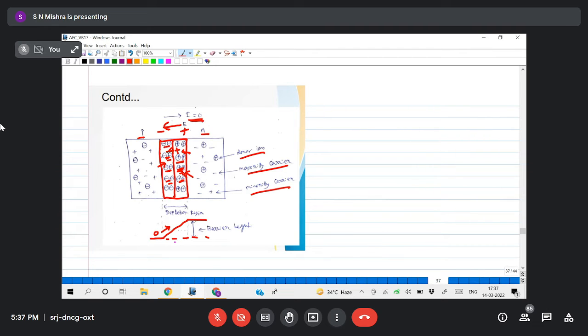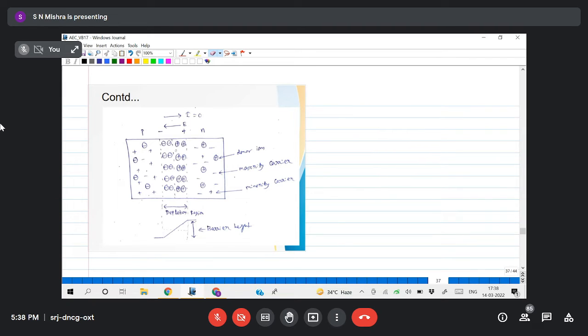So movement of these minority carriers is possible, but majority carriers cannot move. So due to this, I'll find some minority carrier movement, but the number of minority carriers is very small. So that's why the net current is almost zero.